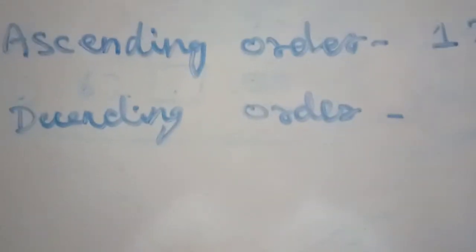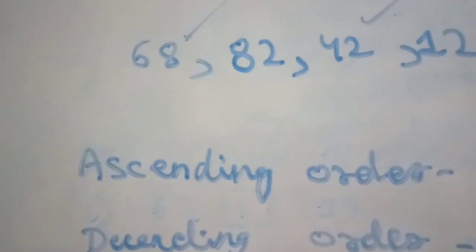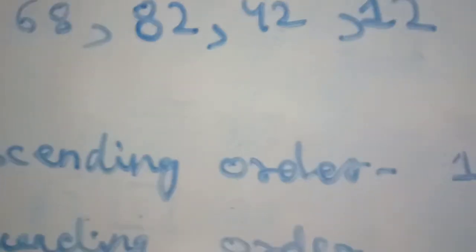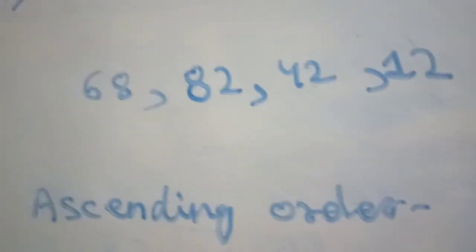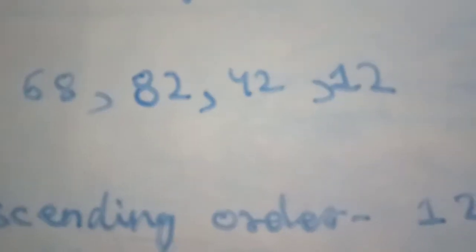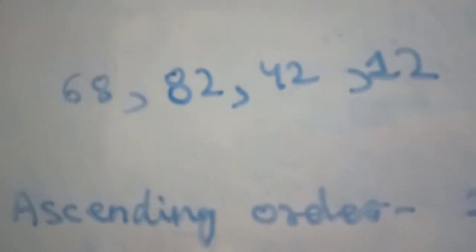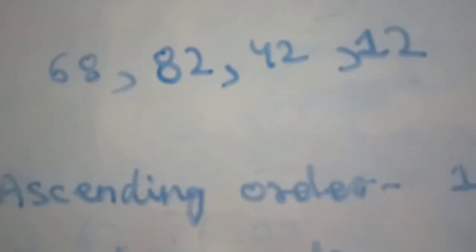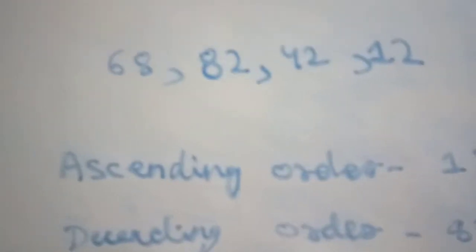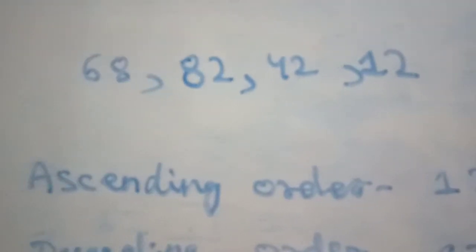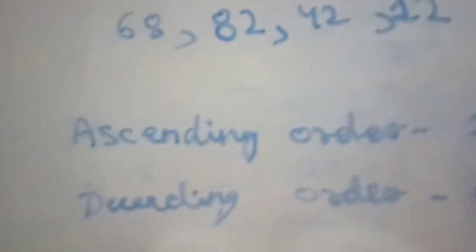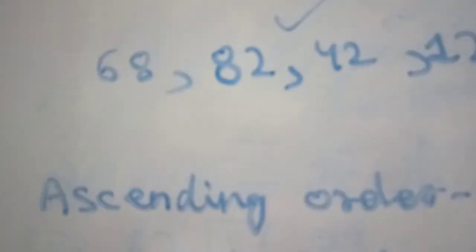Now we want to find them in descending order. How will we do that? I told you the rule, biggest to smallest. As we have written these numbers, we will take 82 because it is the biggest number at the tens place. So right here, 82, and then the sign. Now we want to add one more number to it. 82 is done, but which number do we have to take?